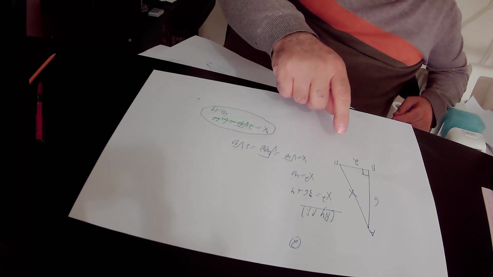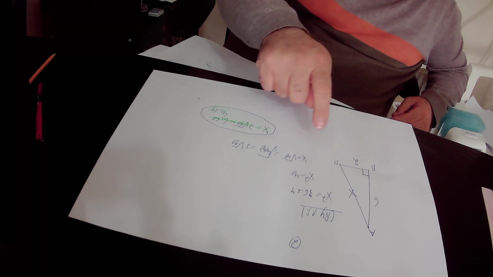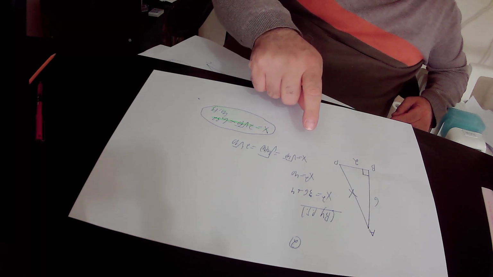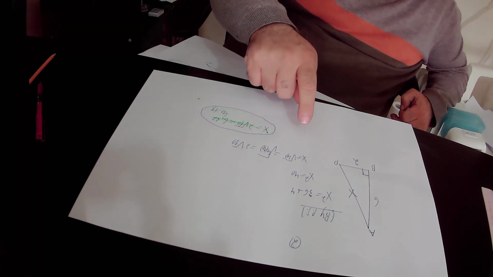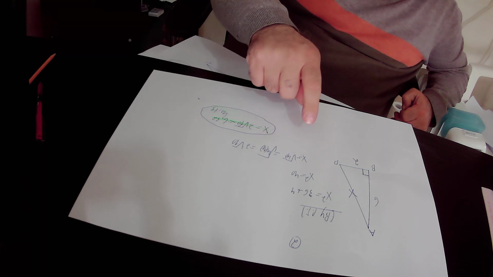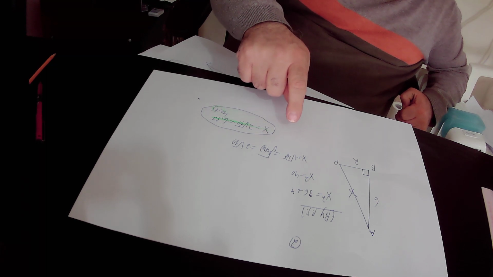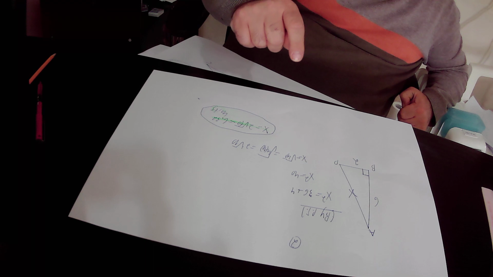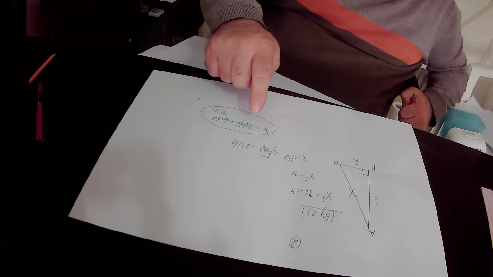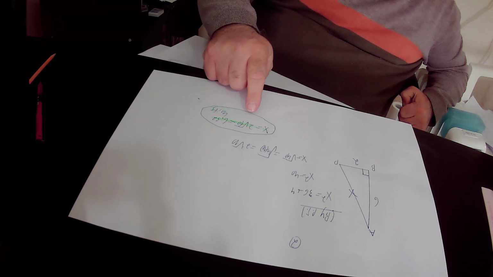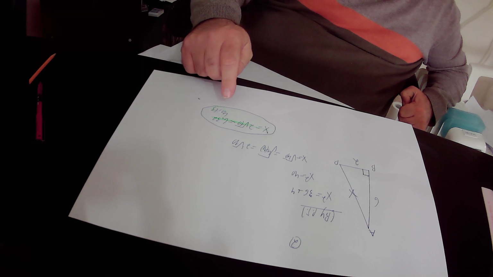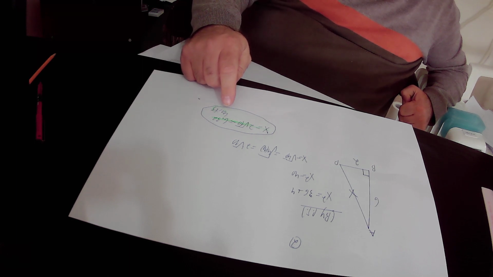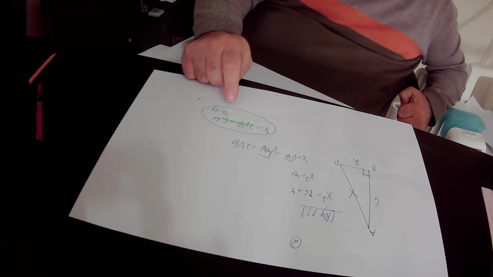According to the Pythagorean theorem, x squared equals 36 plus 4, that is 40. Taking the square root, x equals the square root of 40, which is 2 times the square root of 10 units, or in numbers, 6.32 units.